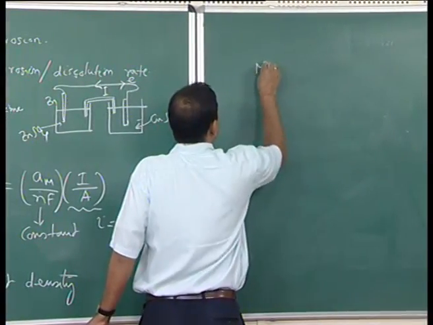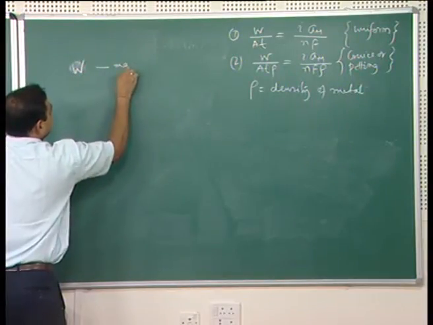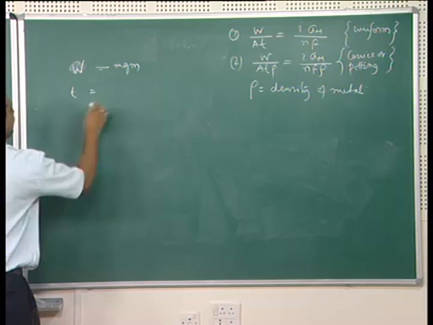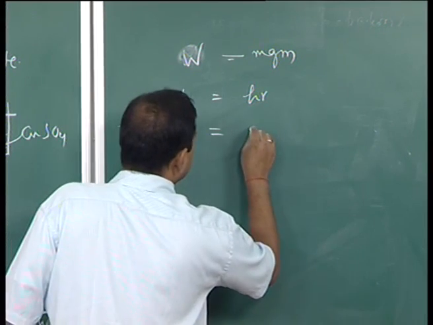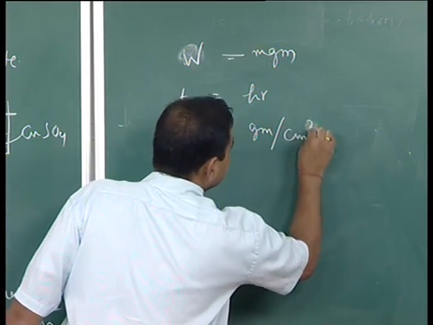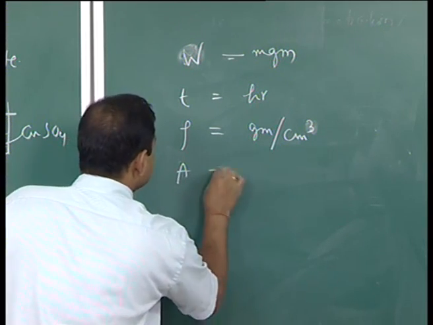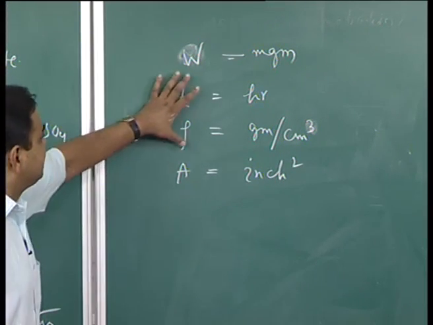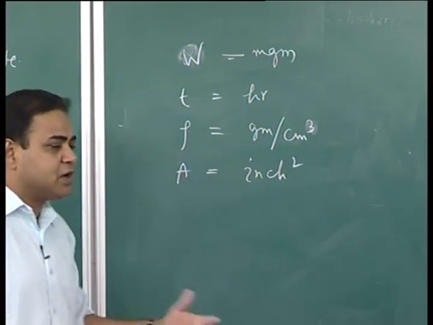So, one convention is that the weight loss W is in milligram, T in hours, density in gram per centimeter cube, and A, which is area, in inch square. There is no particular meaning why we are using milligram, hour, gram per centimeter cube and inch square. This is a convention we take.